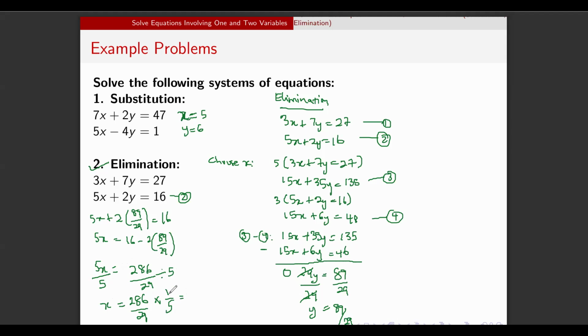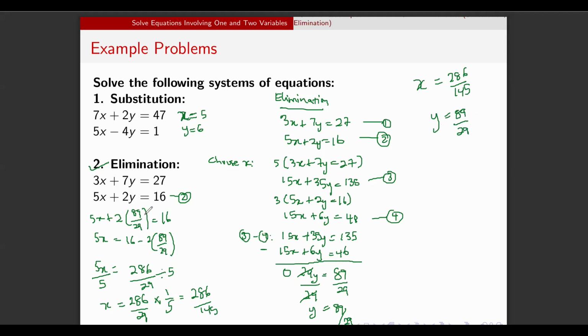These values are quite huge, which is 286 divided by 145. These x values are quite strange, but we'll see. So we have x being equal to 286 over 145, and then y being equal to 89 over 29.